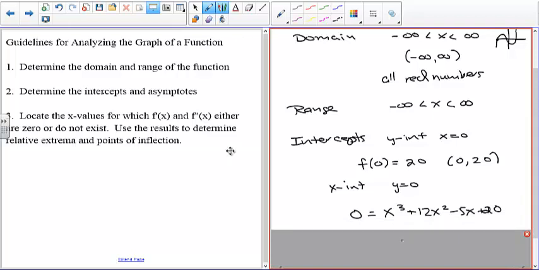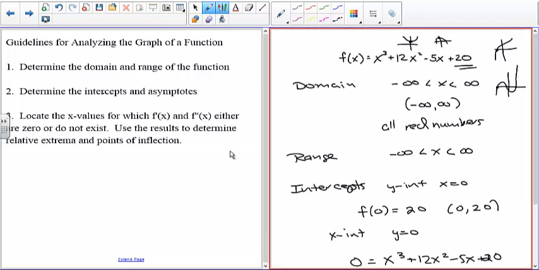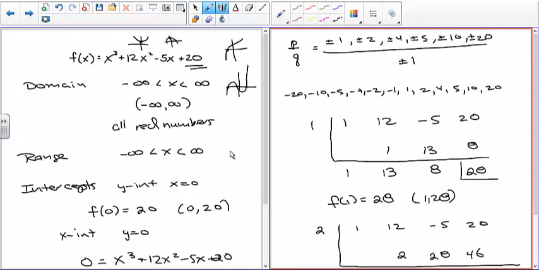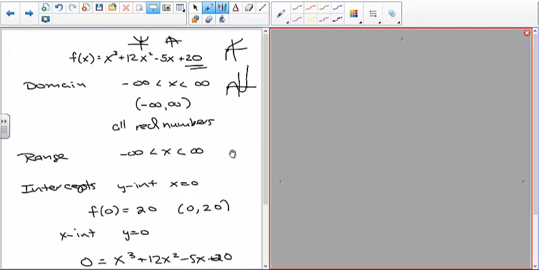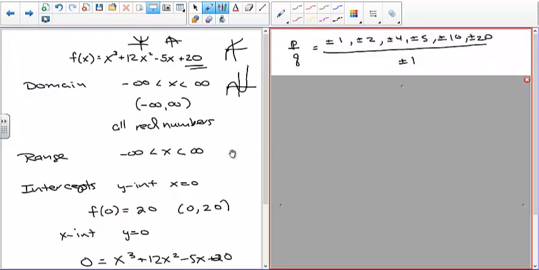Okay, now for the x-intercept you set y equal to 0, so that's the function value. And then you've got to figure out how to factor this. It's going to have either 1 or 3 real zeros. And remember, in pre-calculus, you would use the rational zero test. So that means you take the factors of 20, which is the constant term, and the factors of 20 are 1, 2, 4, 5, 10, and 20.